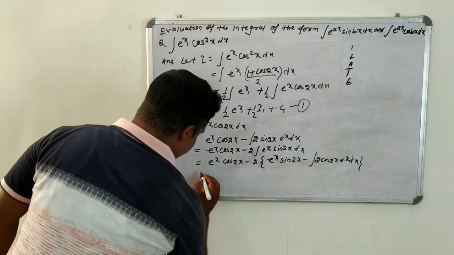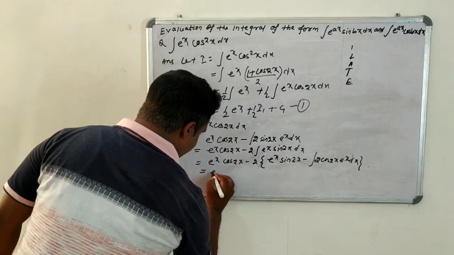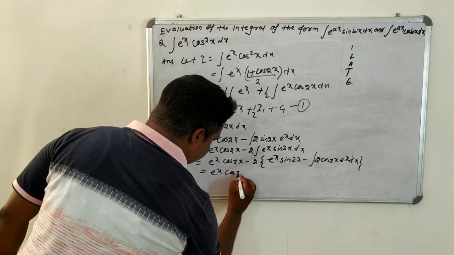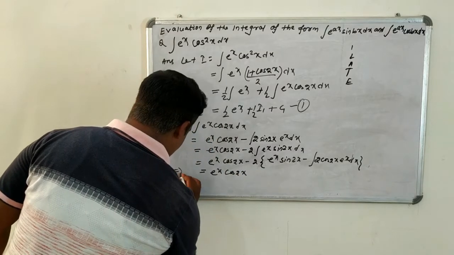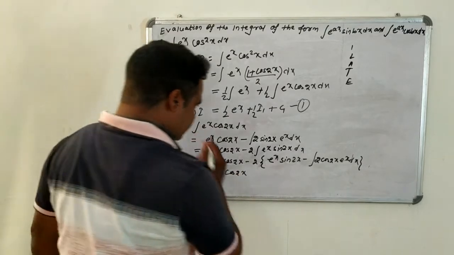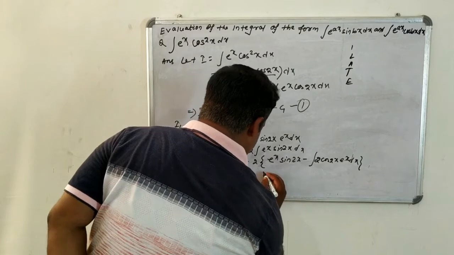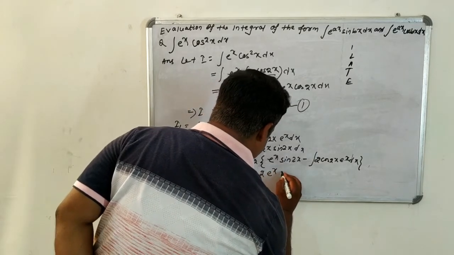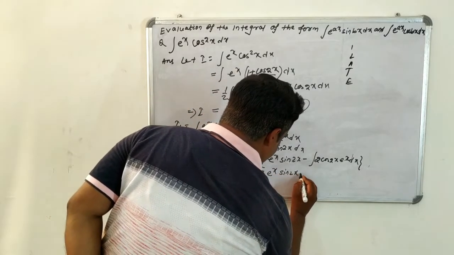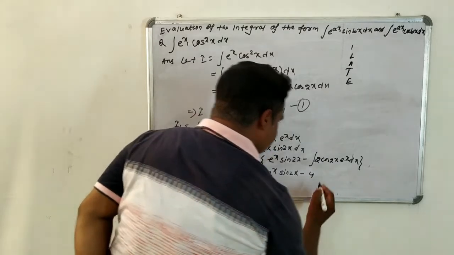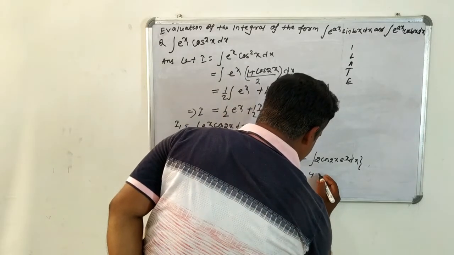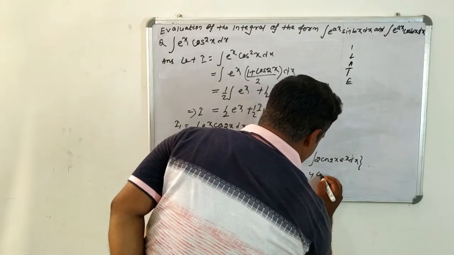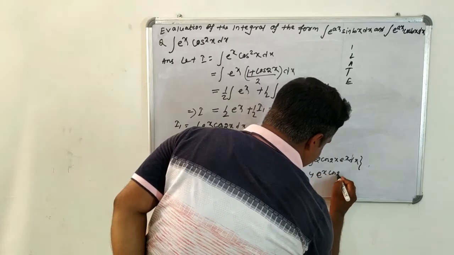Okay, now this value equals e^x cos 2x, here I1, minus 2 e^x sin 2x minus 4 e^x cos 2x dx.